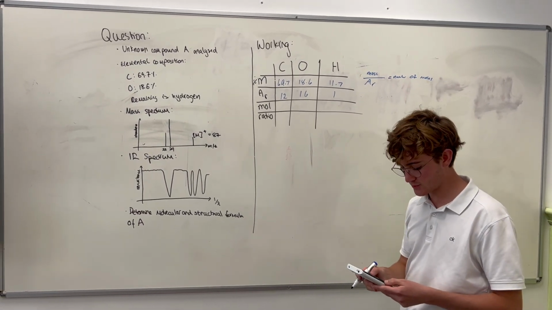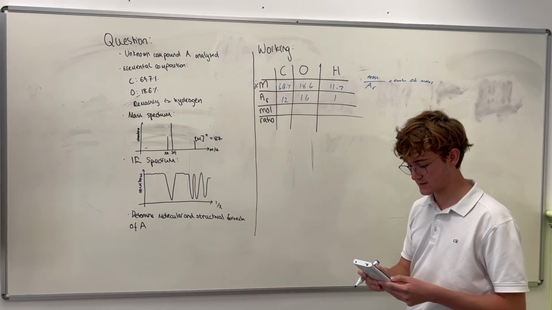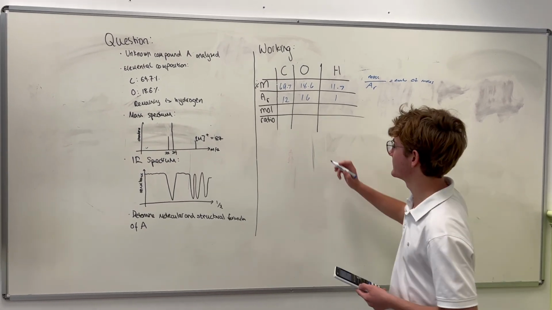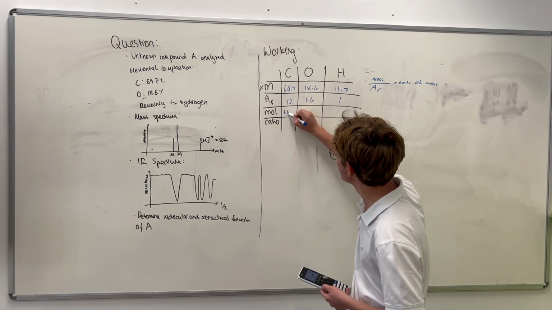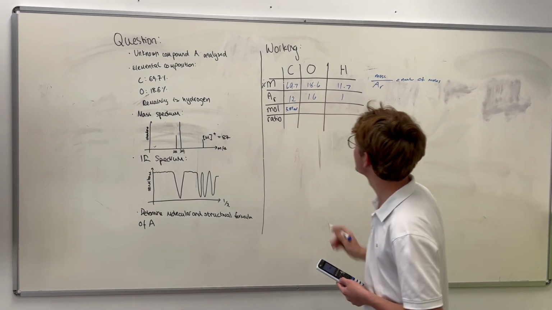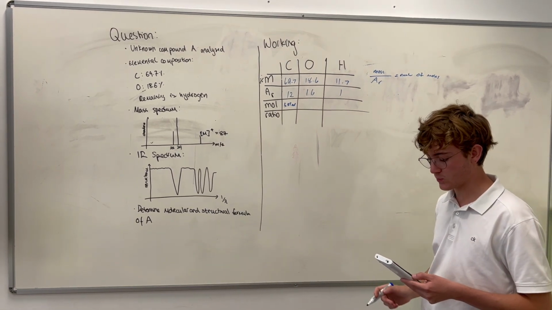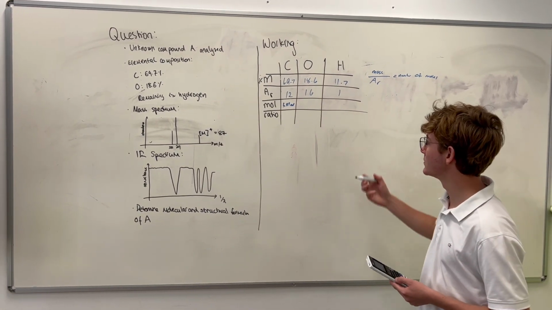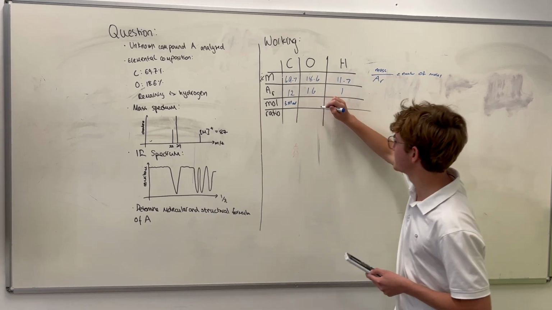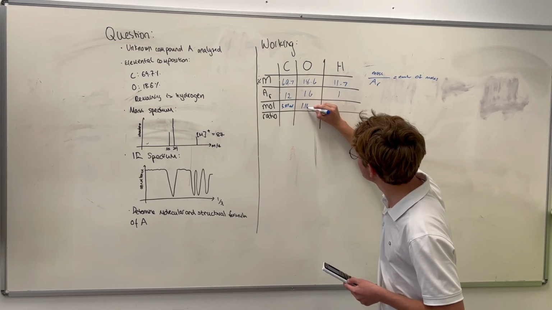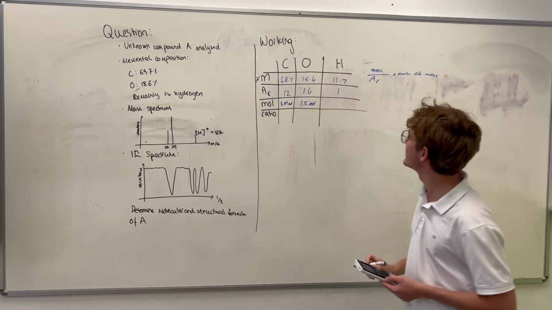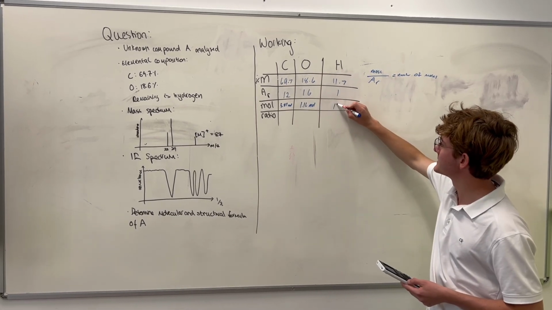So 69.7 over 12 gives us 5.81 moles. 18.6 over 16 gives us 1.16 moles. And obviously hydrogen would just be 11.7.